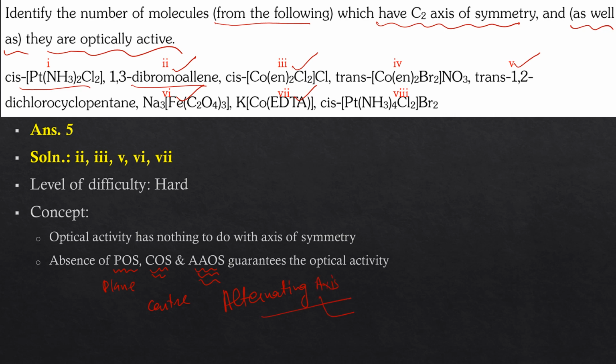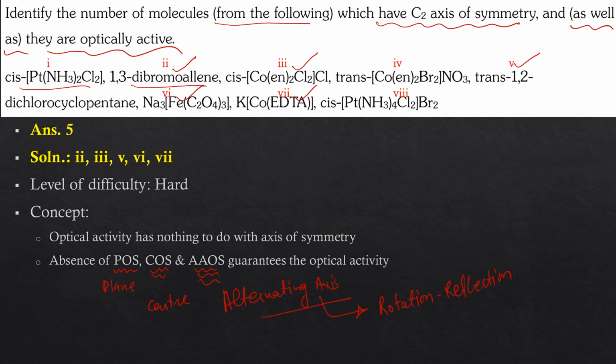Sometimes we call this alternating axis of symmetry rotation-reflection symmetry. Rotation reflection, because if you rotate some molecule by any axis first, then you have to see the reflection from the perpendicular plane of that particular axis, and then you have to relate the starting compound and the final compound. That is the meaning of AAOS, which is alternating axis of symmetry.